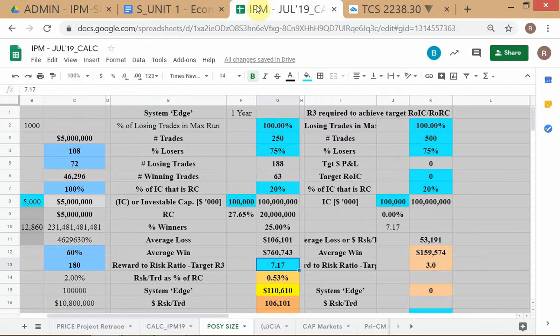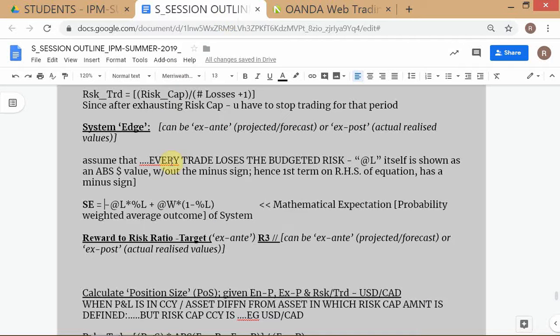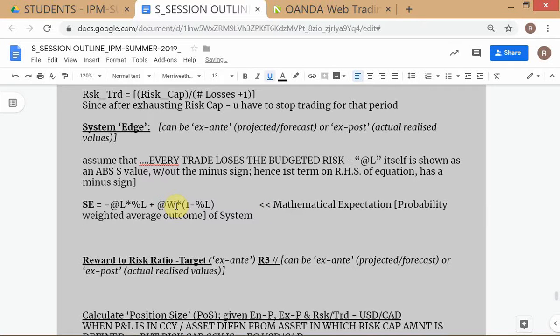So from R3 and average loss, because we are still struggling to find average win, how should we write average win as a function of R3 and average loss? I've already given you the answer actually, almost.